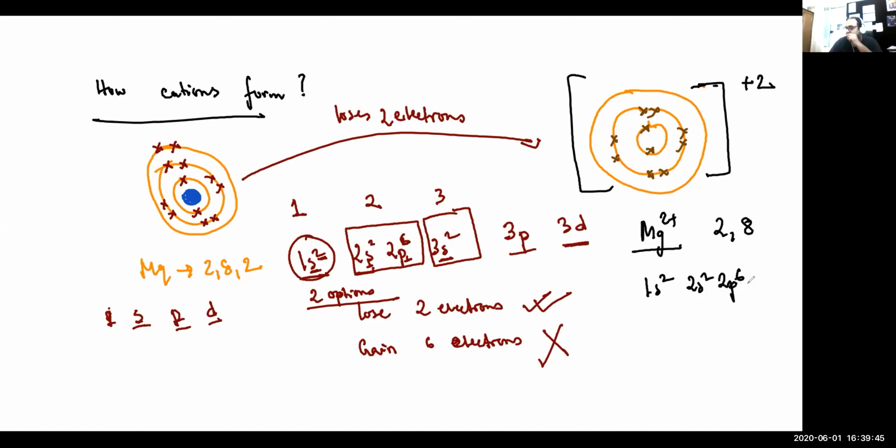There's none. 3s, being the outermost shell, is losing both electrons, and now they have formed a magnesium ion, which is Mg2+.